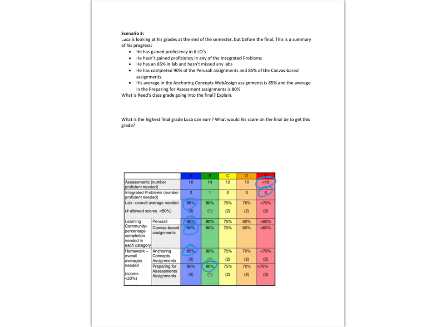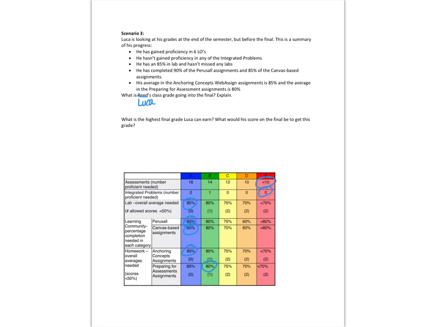He's doing the perusal, Canvas-based, WebAssign. This is Luca. There's some sort of disconnect because he's not being able to gain proficiency in his LOs. So this is an interesting case to understand: what would happen if I did really well on everything except for my LOs?